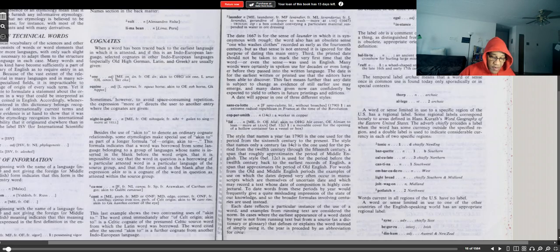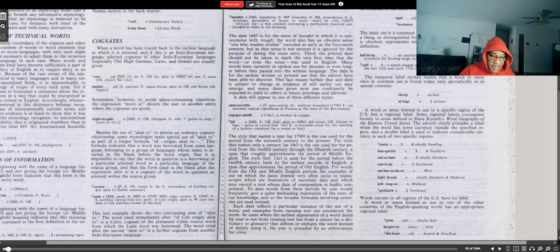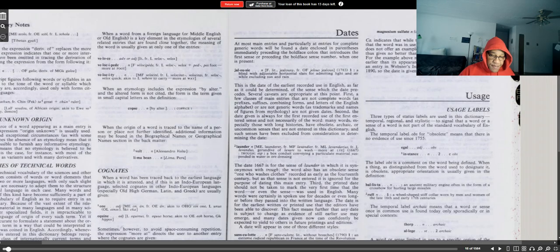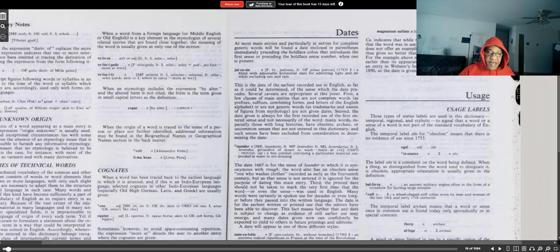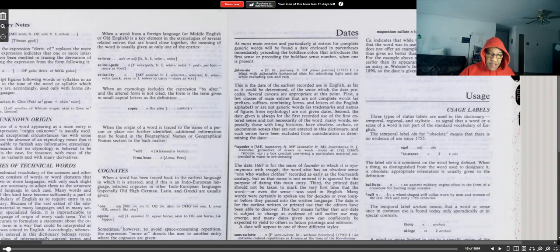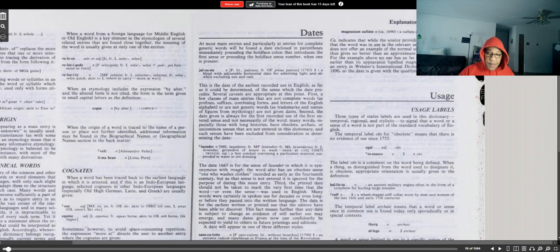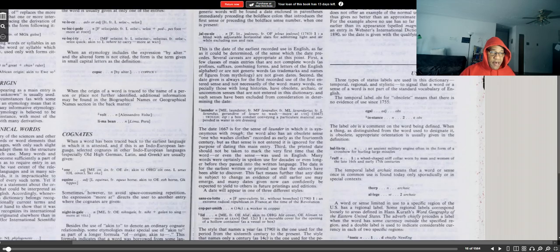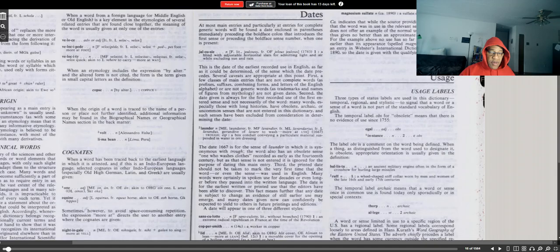Okay, so here we have page 17. I might be covering it, but this is page 17. You can see this deals with dates. So this is all information from right here all the way down to over here.